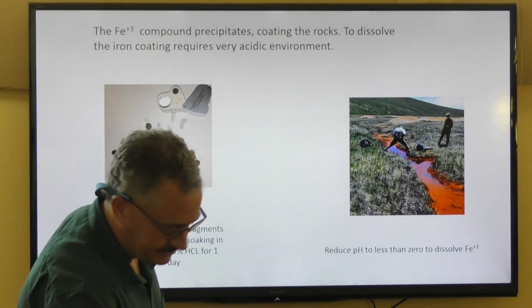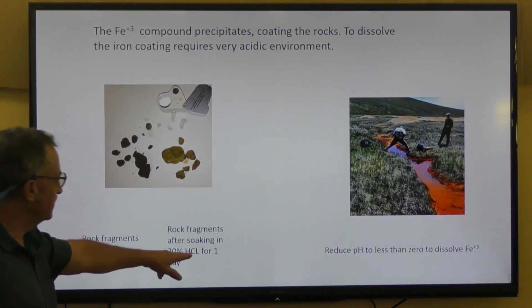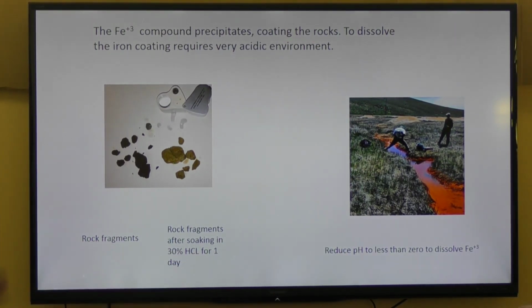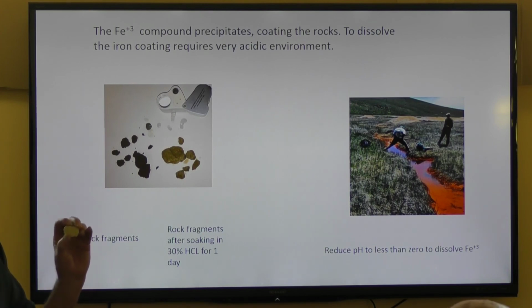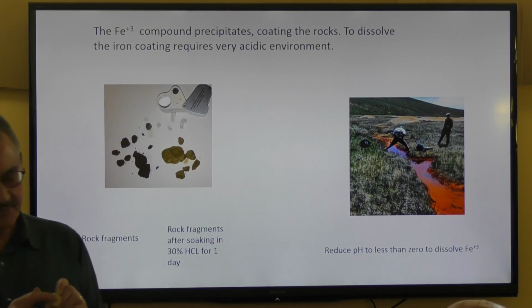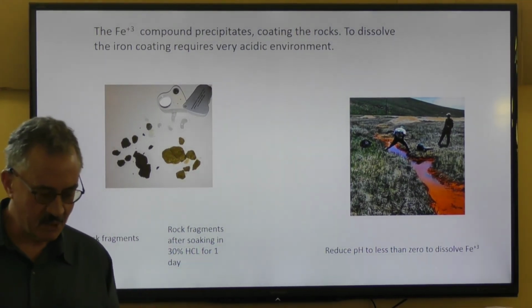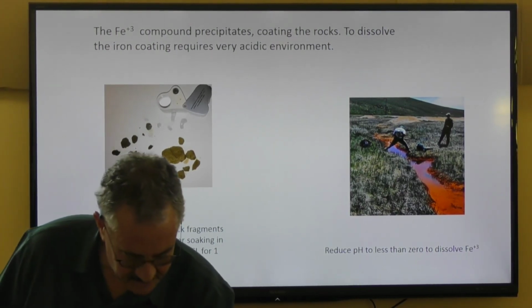I'll get to that. So if you add 30% HCl to that rock for a day, it takes a long time, then it'll turn into this. It'll dissolve the iron. This has a yellow tint from iron chloride. It's not really a yellow look. It'd be white if I knew how to do that.